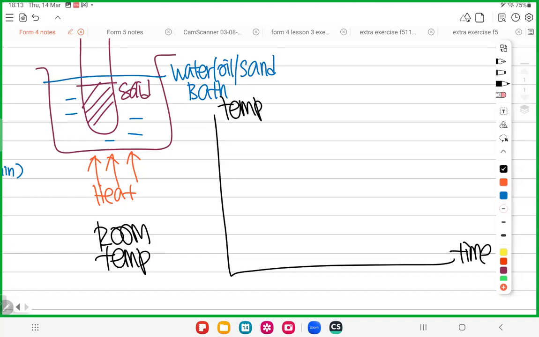When we want to do freezing, what is the starting temperature? 25. 25 degrees Celsius is always the starting temperature. So room temperature 25, around here. That's why don't start here, guys. This is 0. Start somewhere here.